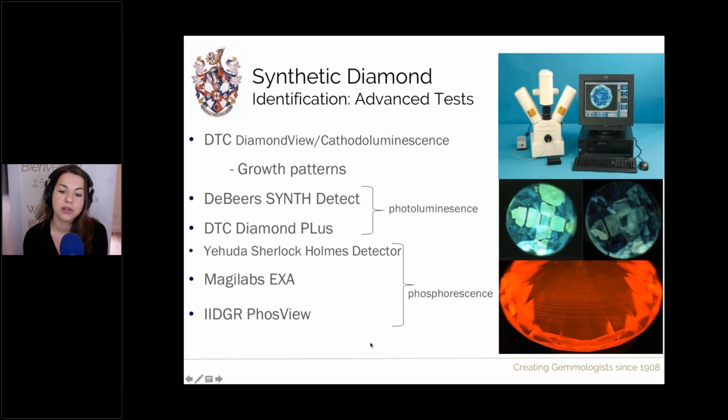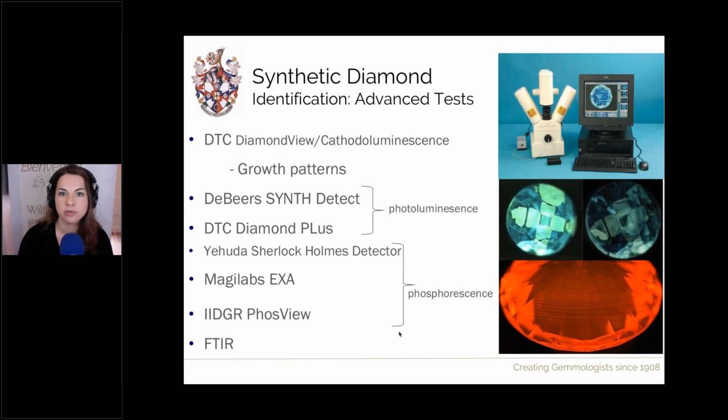This can look for diamonds based on their phosphorescence. So you can bulk test with these or even do set jewelry, and it will highlight any that are phosphorescing, and therefore you can pick out all of the synthetics that way.